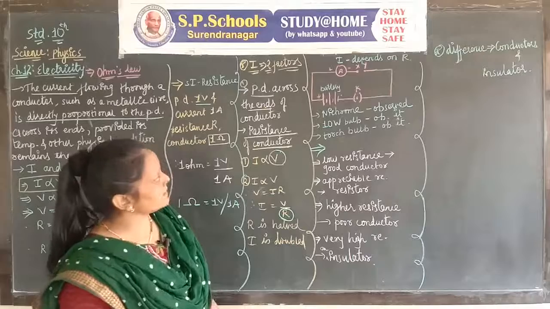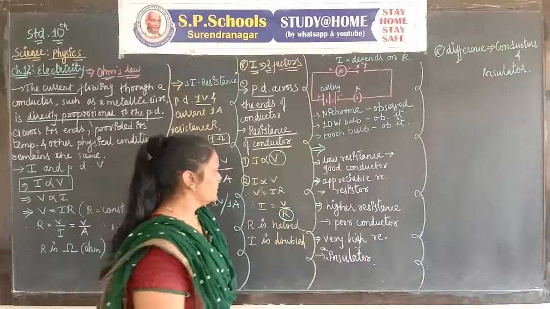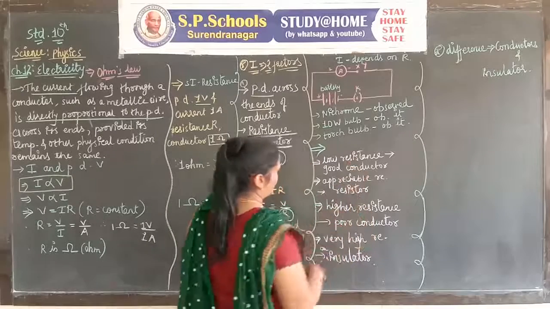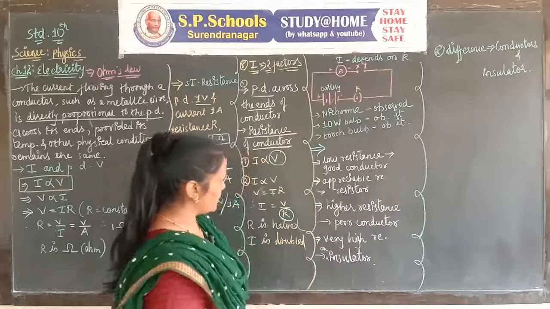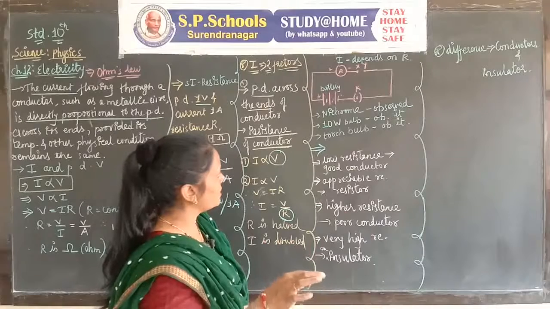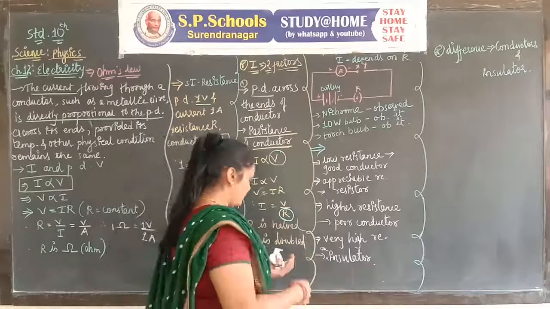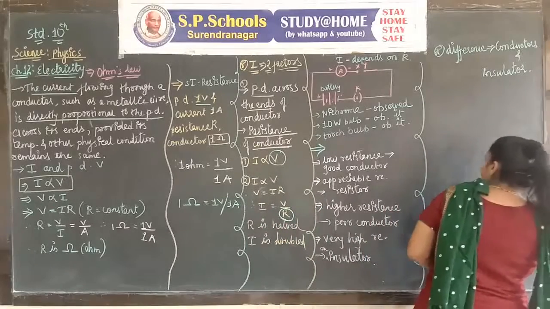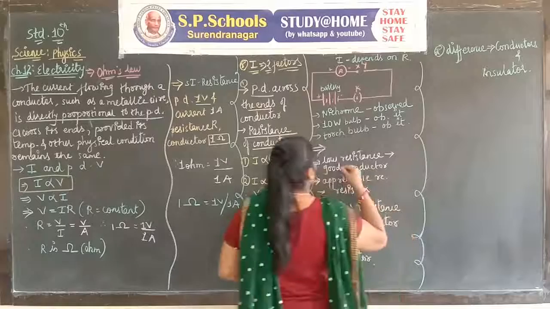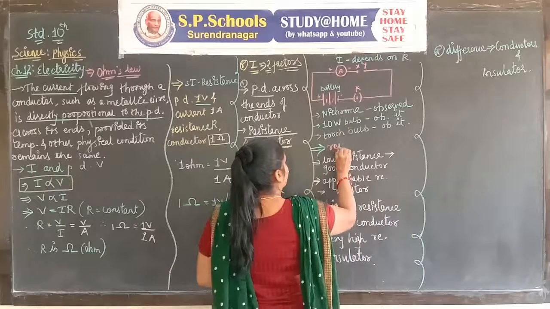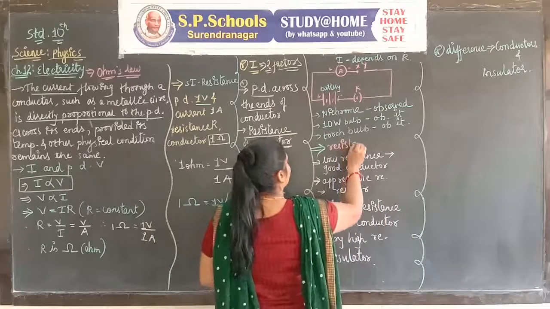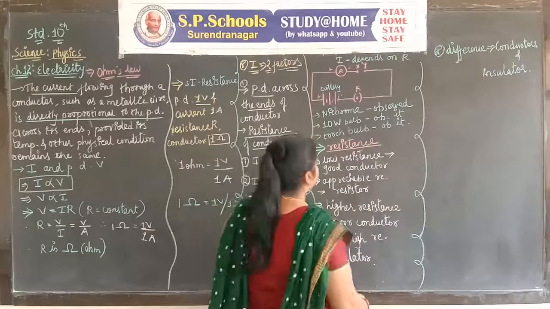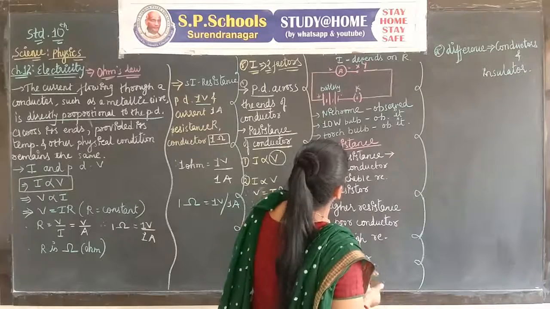We get the conclusion that if low resistance occurs in the conductor, it will be called a good conductor. We find the relation between resistance and conductor.